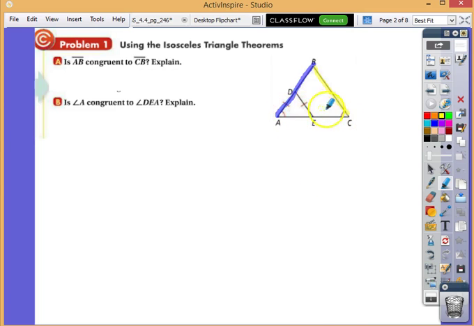So since the angles are congruent, how do we know the sides are congruent? Converse of the isosceles triangle theorem. So yes, and the reason is converse of isosceles triangle theorem. I don't ever really even spell out isosceles, I just abbreviate it.